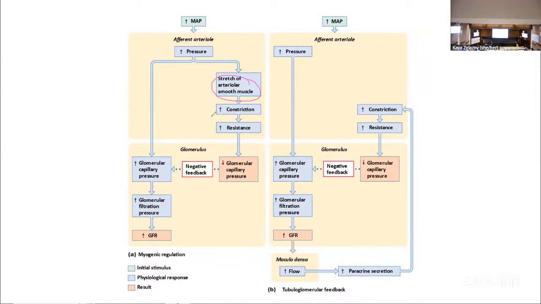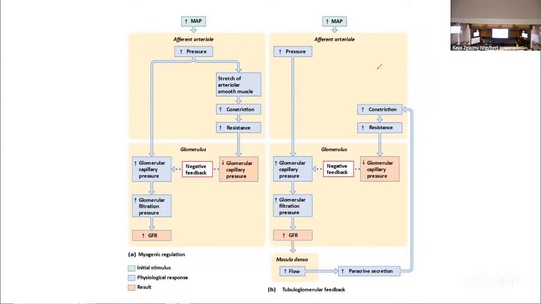They bounce back. So that immediate myogenic response here is constriction. Now our resistance in that blood vessel going to the glomerulus is up, which means that we're pulling down that glomerular capillary hydrostatic pressure. So we're basically turning off this effect here, trying to turn off that rise in glomerular capillary hydrostatic pressure particularly.